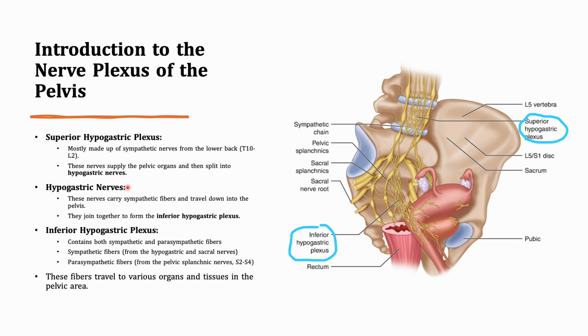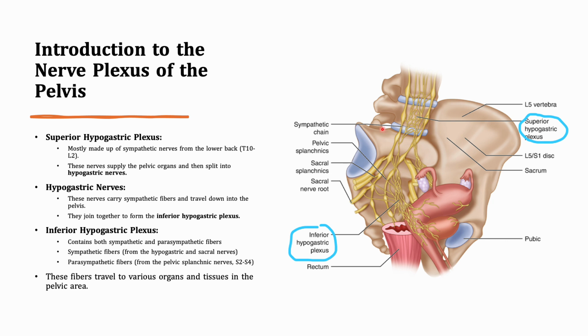The first thing we're going to talk about is the superior hypogastric plexus, which you can see right here. It's mostly made up of the sympathetic nerves from the lower back, T10 to L2.